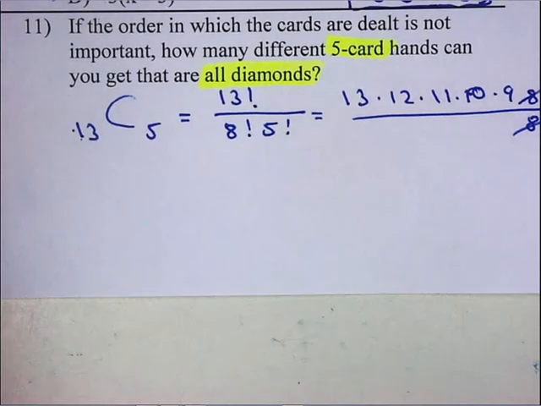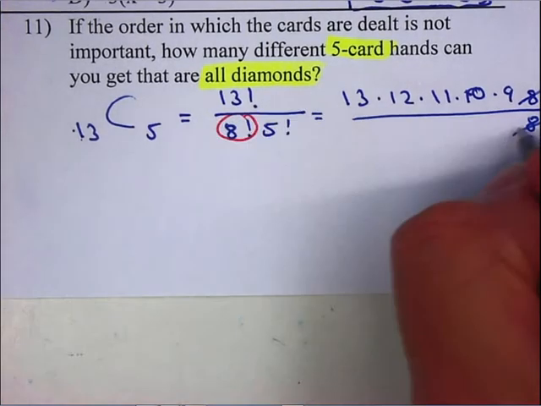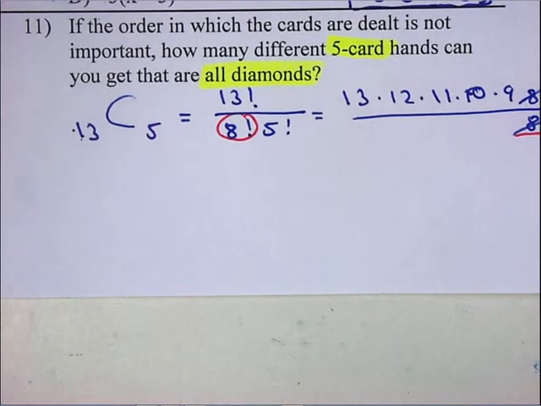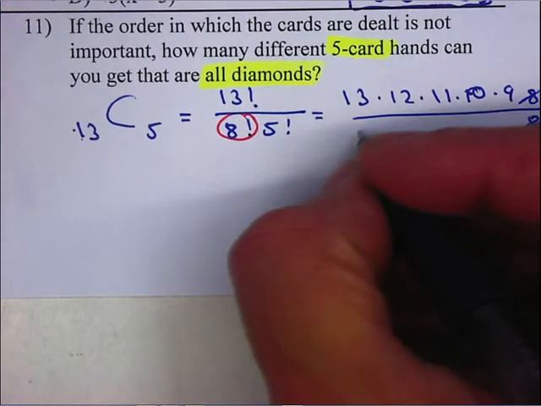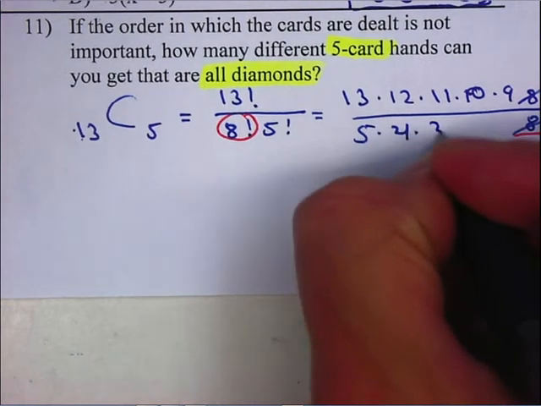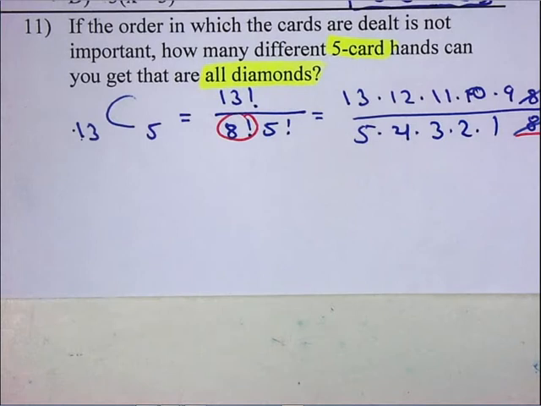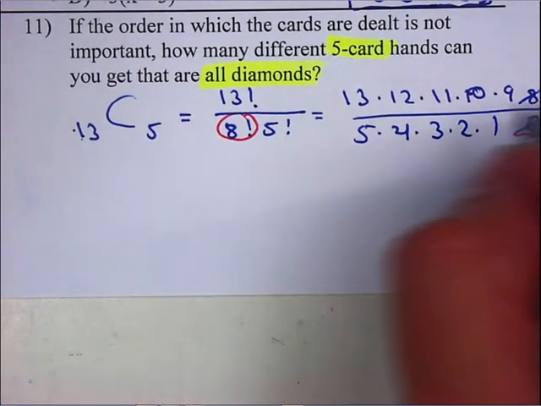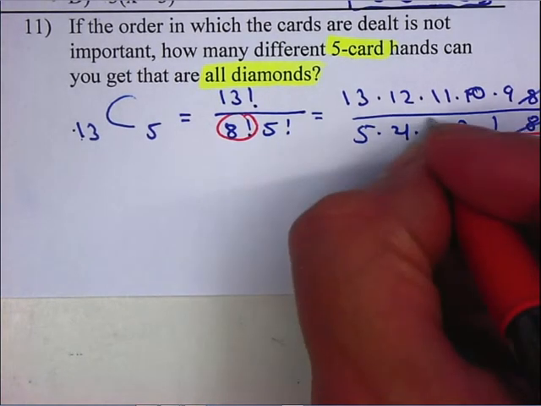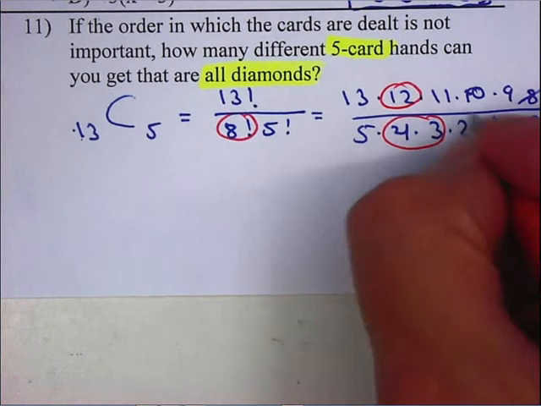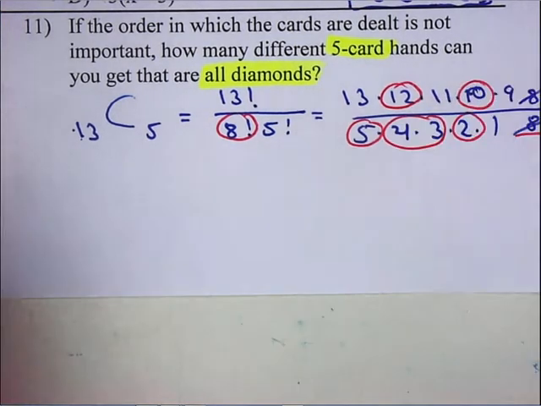That cancels. So the 8 factorial is gone. And on the denominator, we still have the 5, the 4, the 3, the 2, and the 1. So let's see. The 4 times 3 will give me a 12. And 2 times 5 will give me a 10.